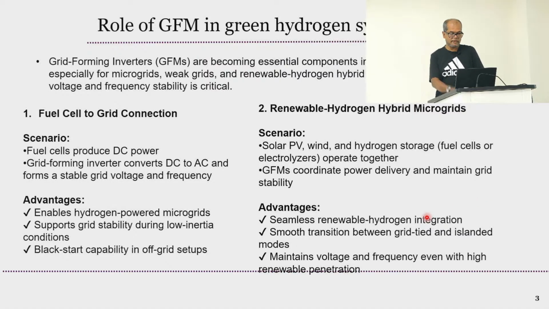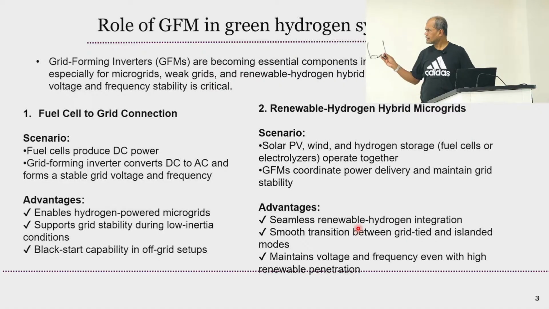And again, the advantage is that it ensures a seamless renewable energy powered hydrogen system, and when you have a hydrogen microgrid, it also ensures the grid transition, because that is quite important. A microgrid should have the capability to operate both grid connected as well as off grid, and during this switching from connected to off grid and vice versa, there is a huge transient in the system.